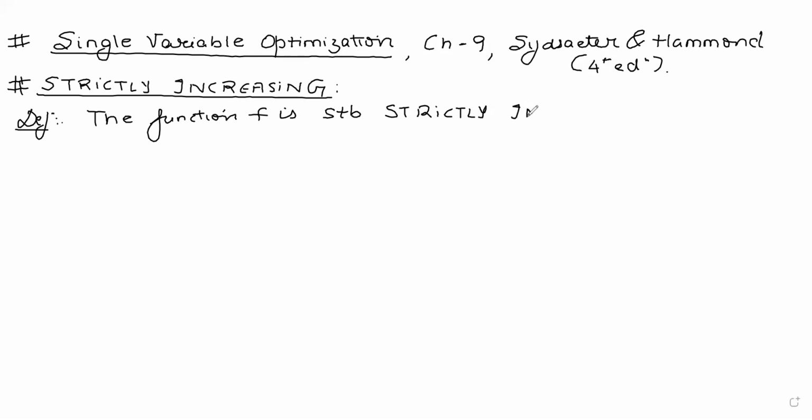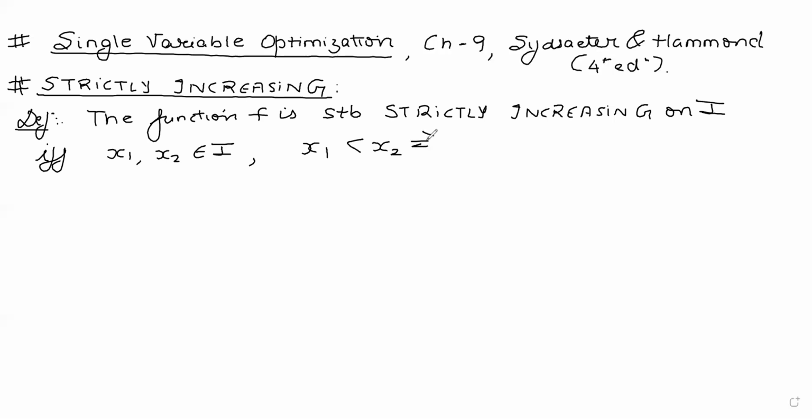The function f is said to be strictly increasing on the interval I if and only if for x1 and x2 belonging to the interval I, x1 less than x2 implies f of x1 is less than f of x2.